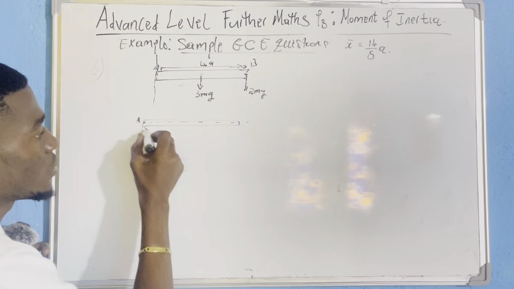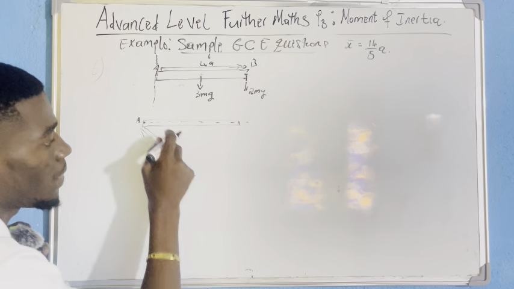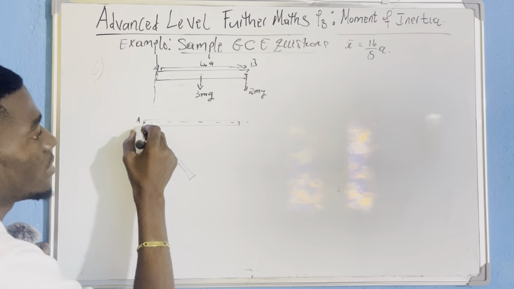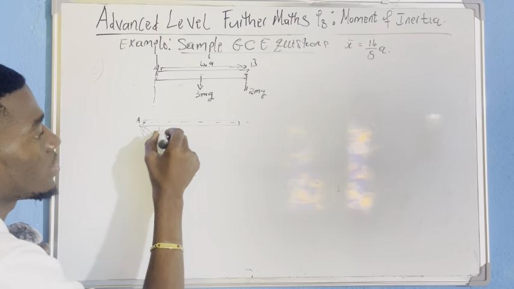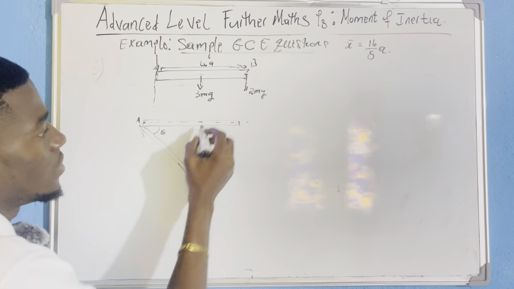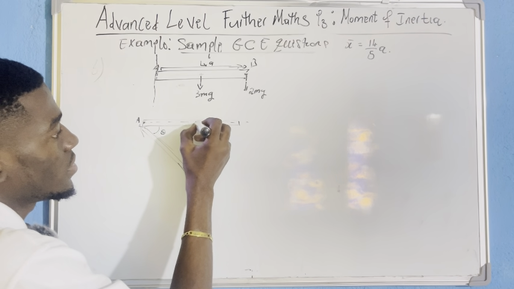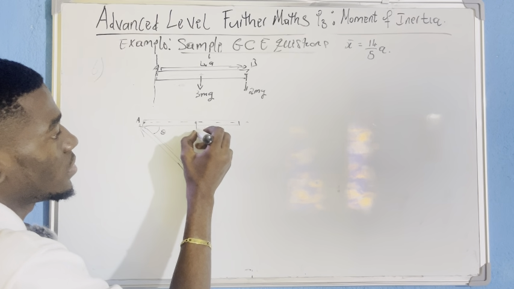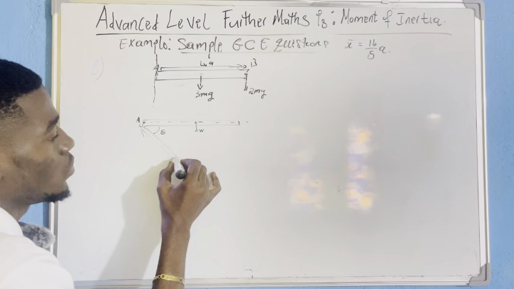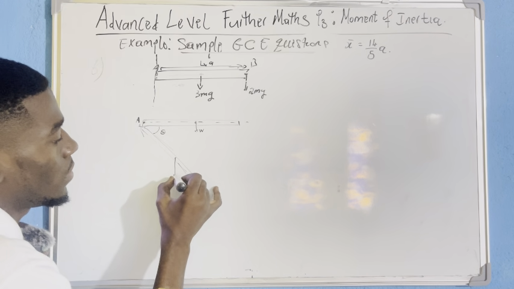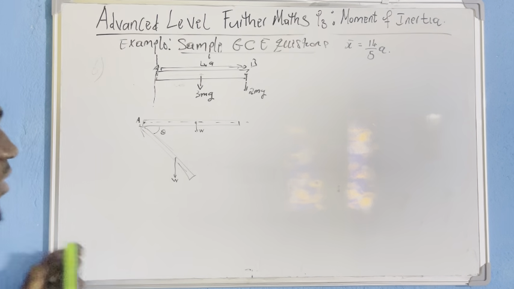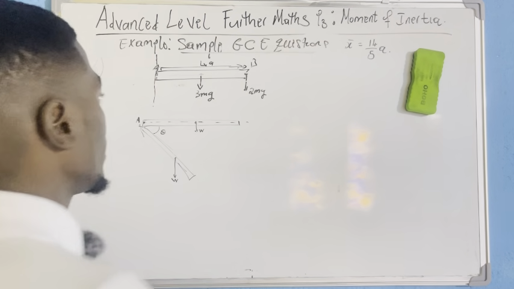It will form another position like this, where this is still A, and it makes an angle theta with the horizontal. Remember that this was the weight, and our new weight will be somewhere here.